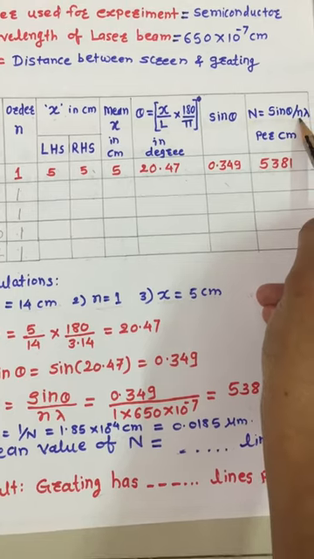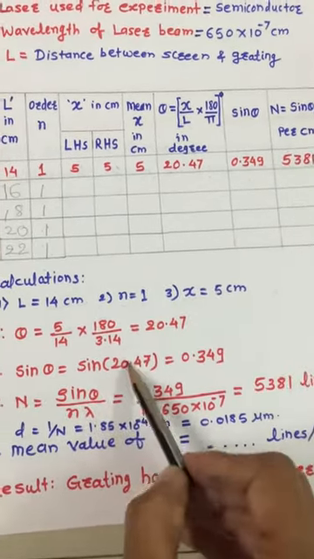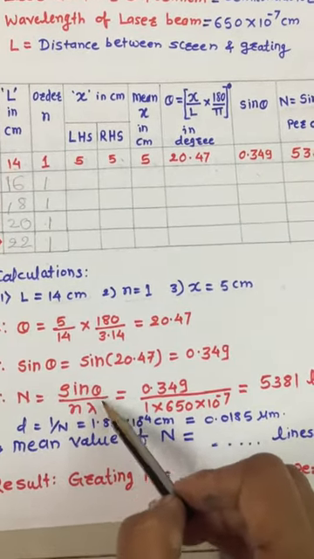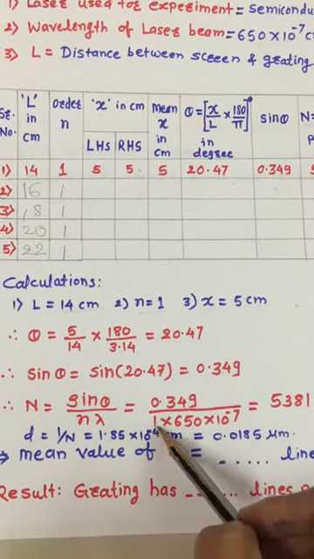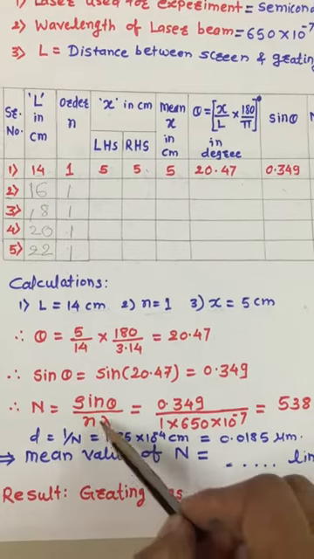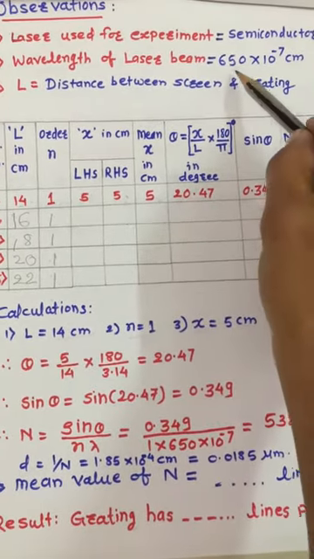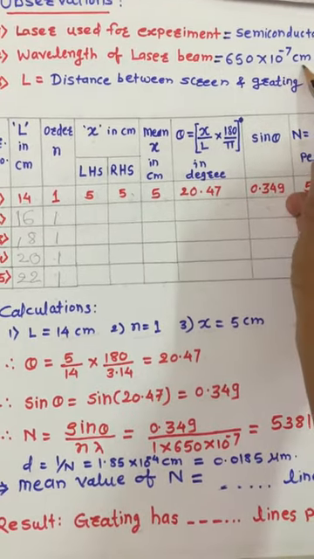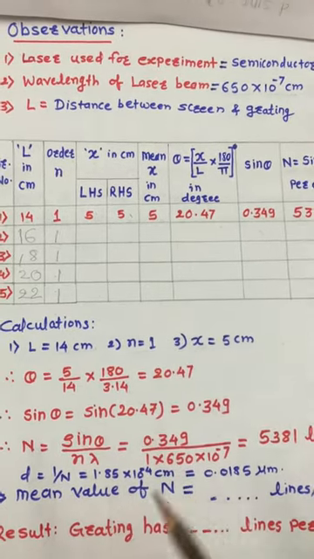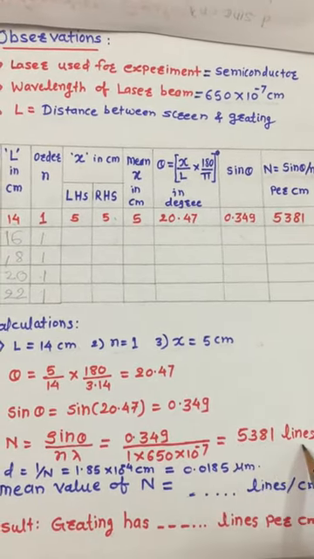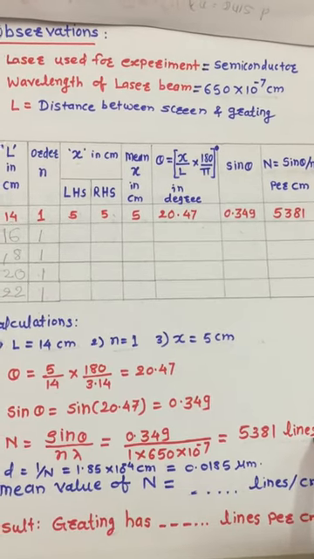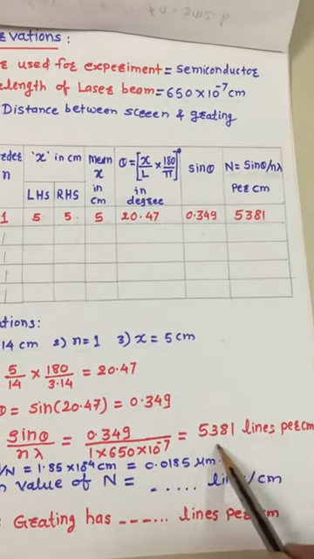Small n value is 1. So sin theta is 0.349 upon 1 into lambda, the wavelength already given by the manufacturer, 650 into 10 raised to minus 7 centimeter, and the value comes out to be 5381 lines per centimeter.